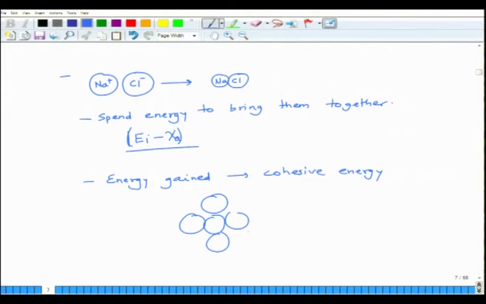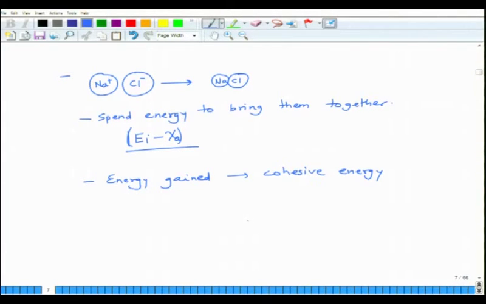So you will have, for example, this is sodium atom, this is chlorine, this is chlorine, and so on and so forth. You will have this ensemble of ions in this fashion. So basically you arrange them in a periodic fashion. It is not an exact representation, but I hope you understand what I mean.